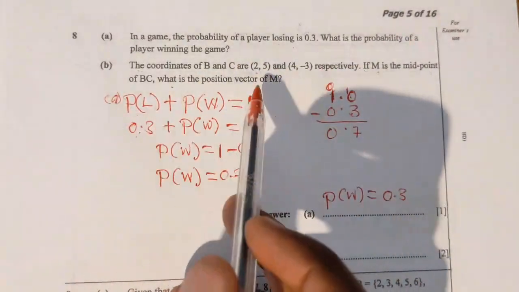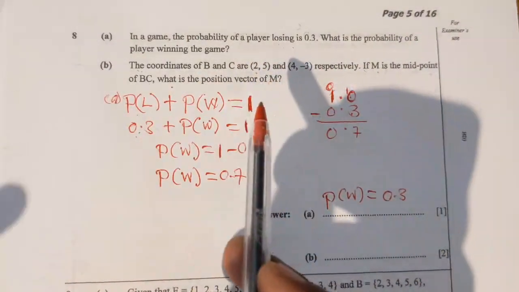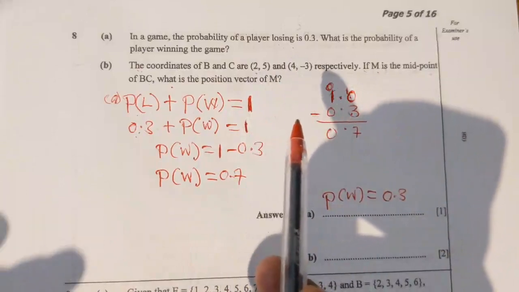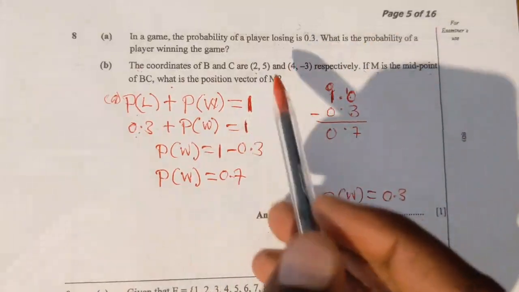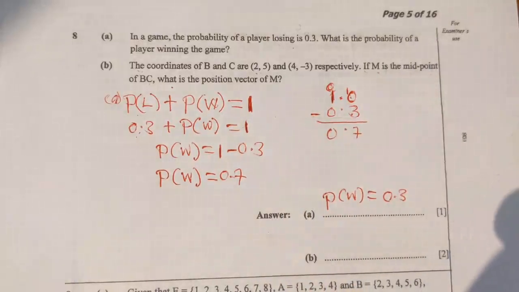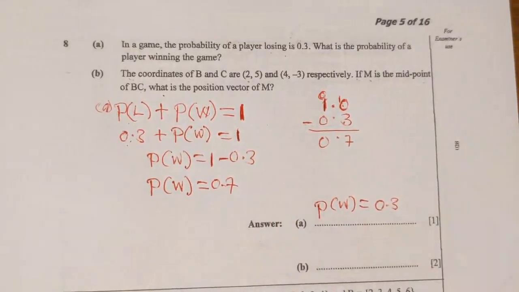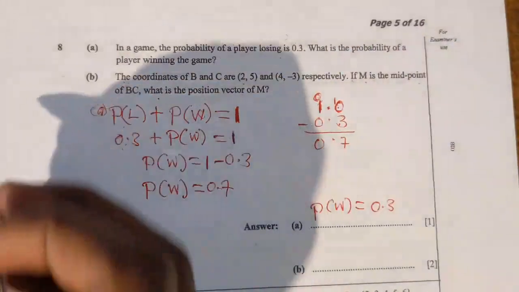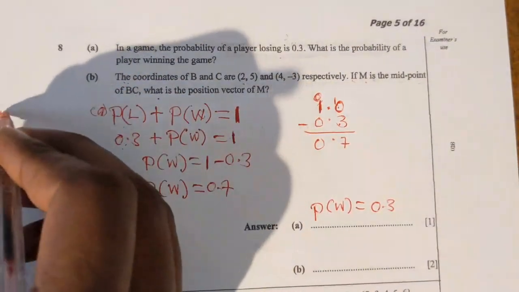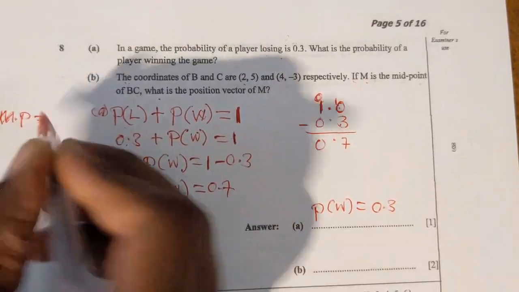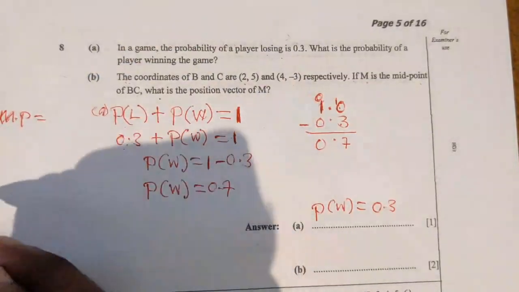If you want to find the midpoint, what you need to know is the formula for the midpoint. The position vector is not a big deal. So what is the formula for the midpoint? Let me write it here.